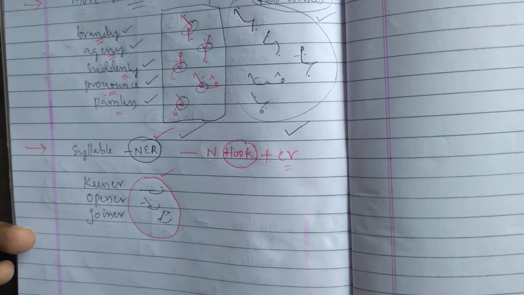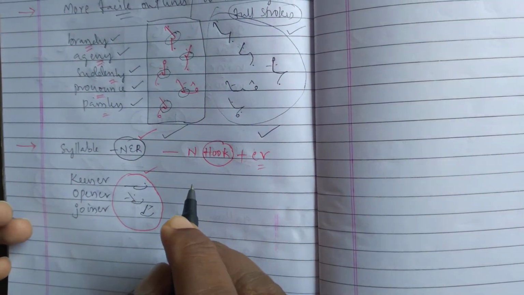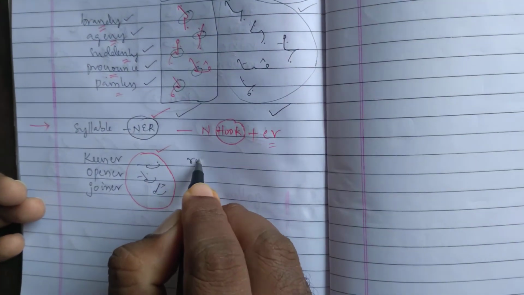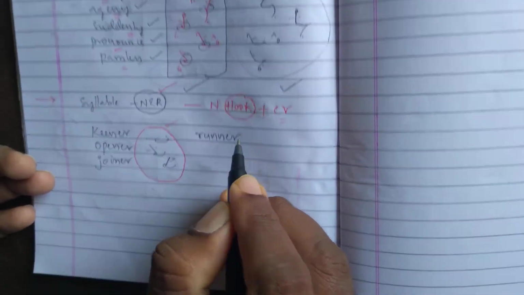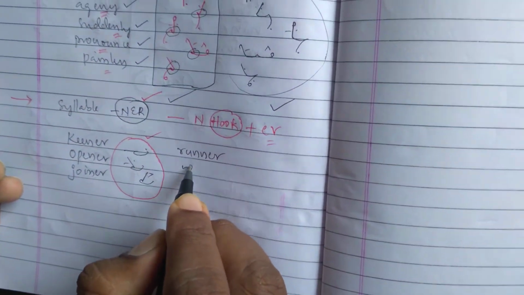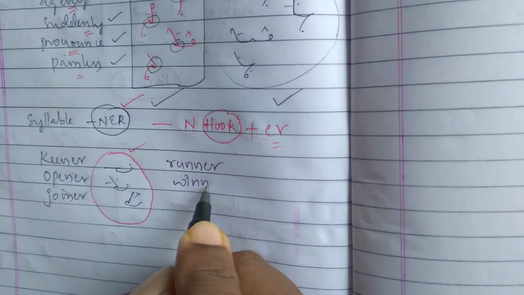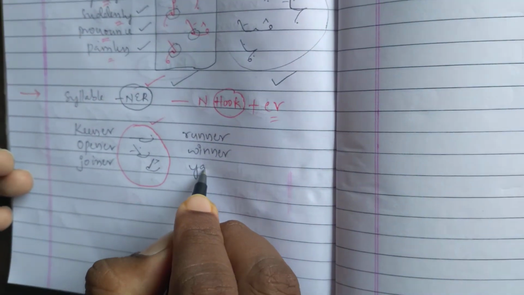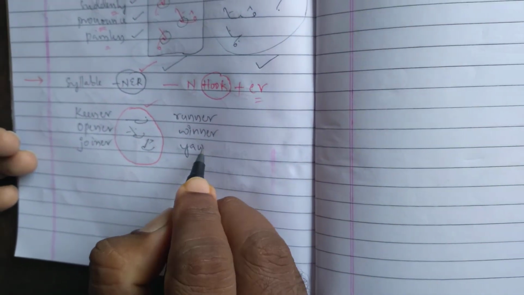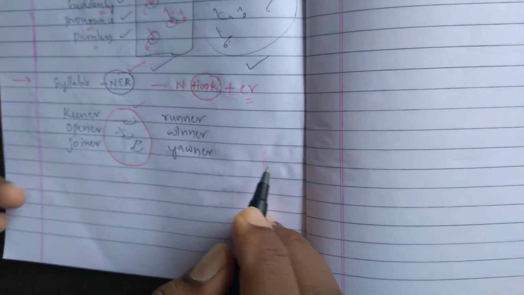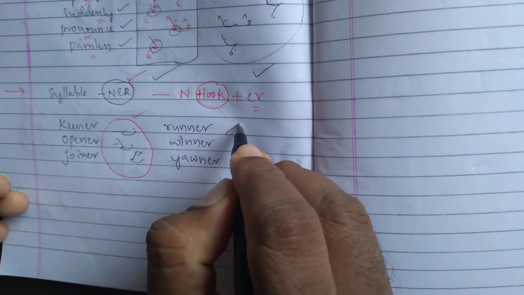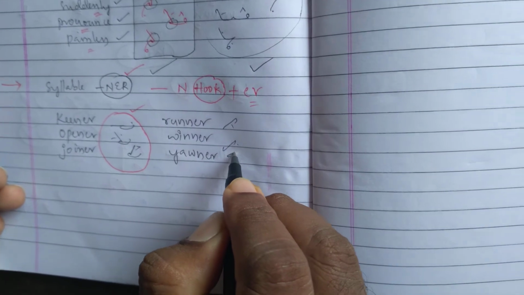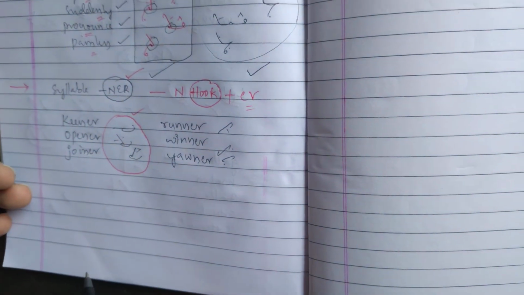A few words I am going to write here just to observe how you can write. For example, runner, winner, yarner. We know very well how to write run, win, yarn.